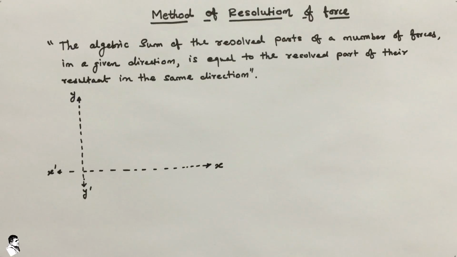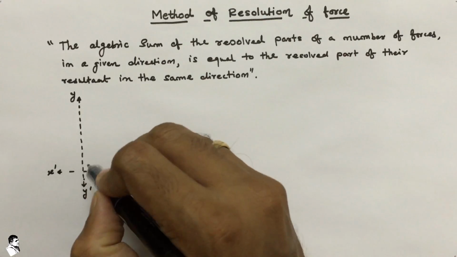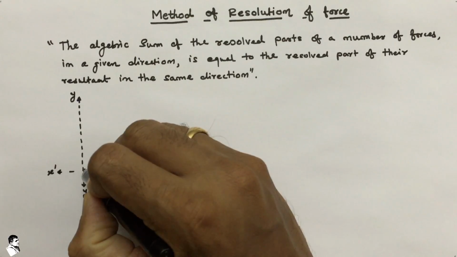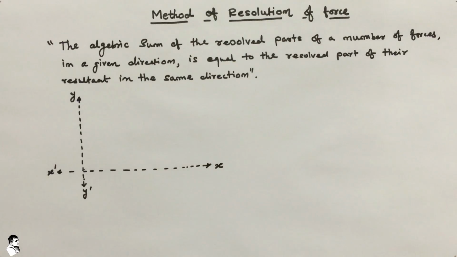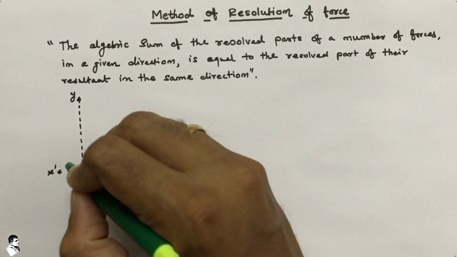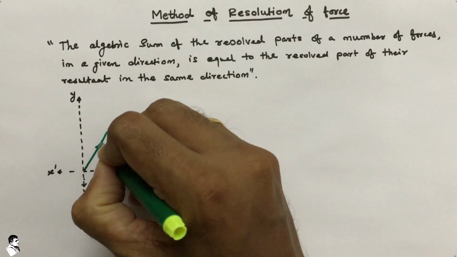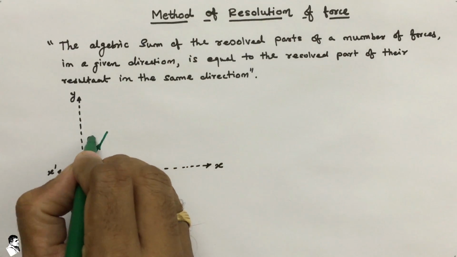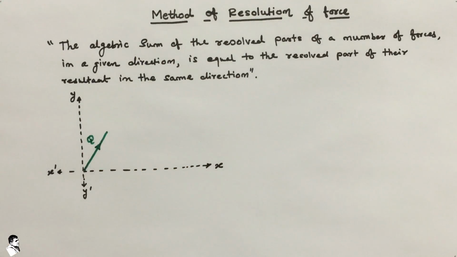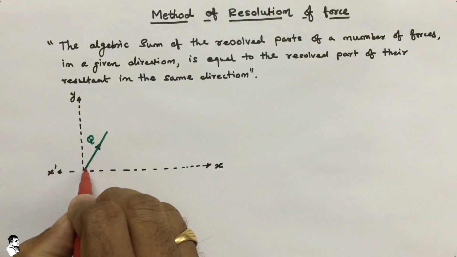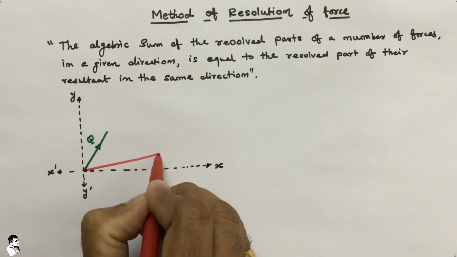Now, as per the principle, we just consider two forces, Q and P. Let us consider force Q in this particular direction. This is force Q, and the second force, P, in this particular direction.